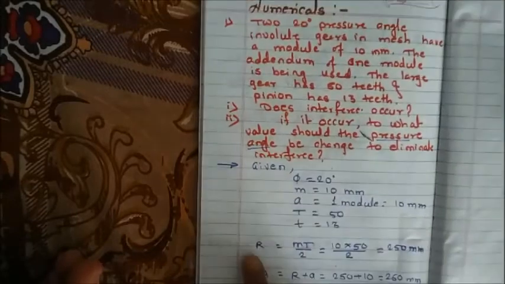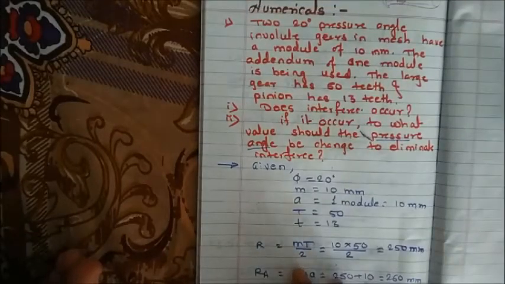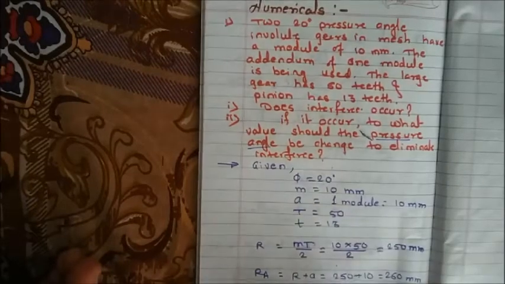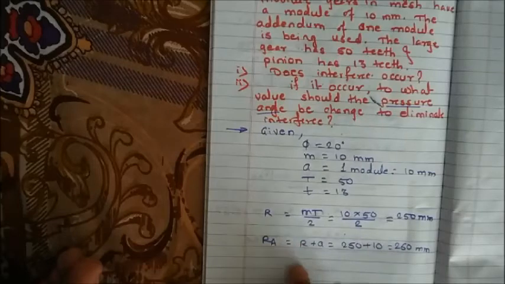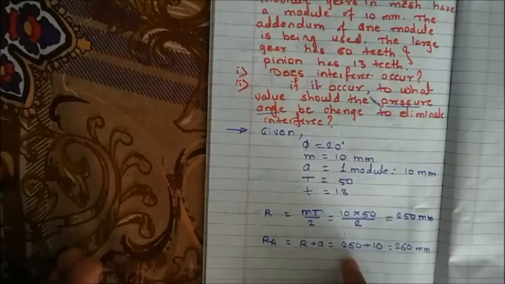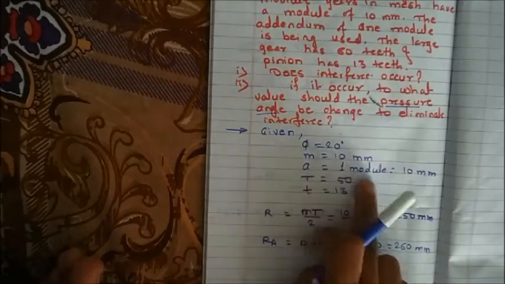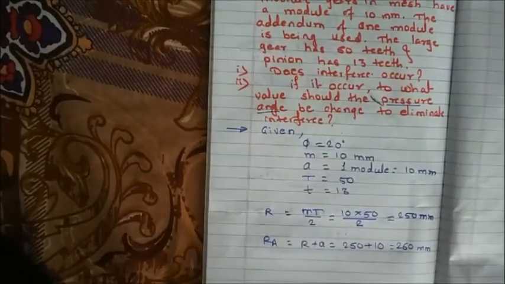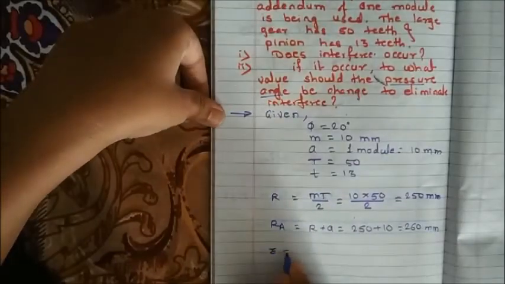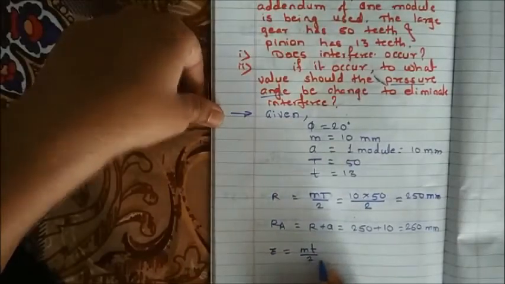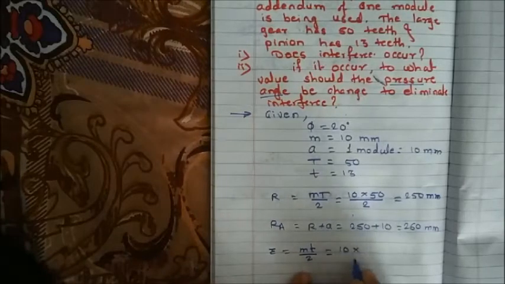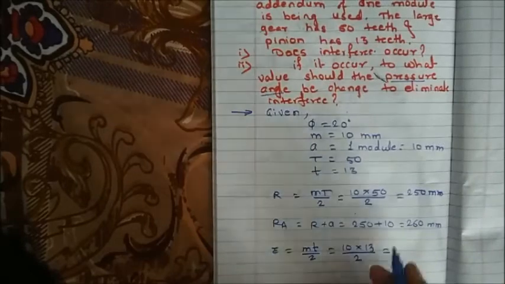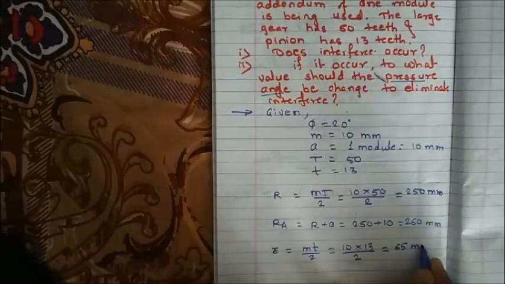Let's calculate R. R is mt by 2. Here m is given as 10 and t is 50, so it is 250 mm. Then RA is R plus A, so it is 250 plus 10, because addendum is equal to 1 module, so it is 260 mm. Similarly, let's calculate small r. Small r is m small t by 2, so it is 10 into 13 by 2, which is equal to 65 mm.